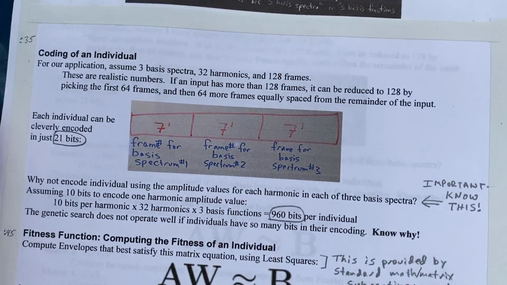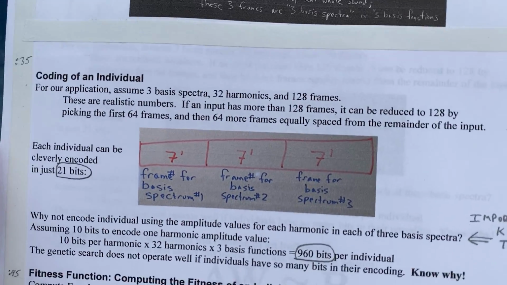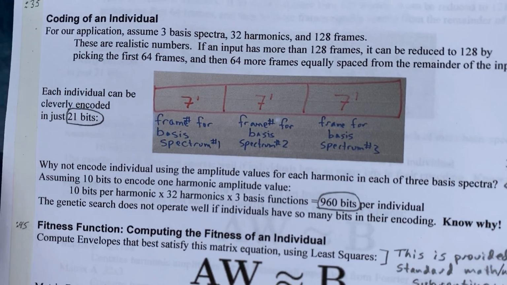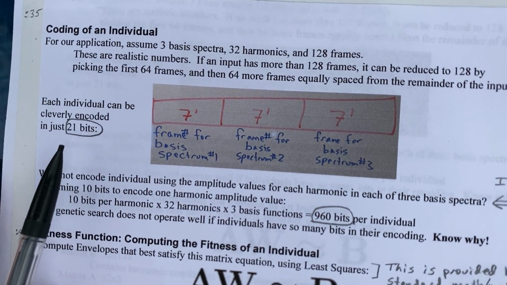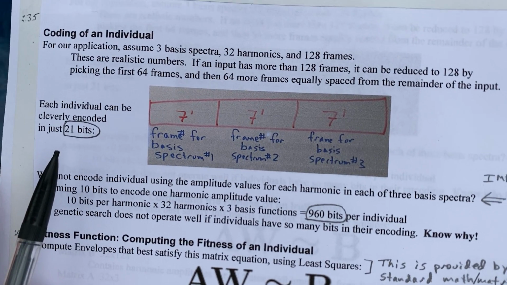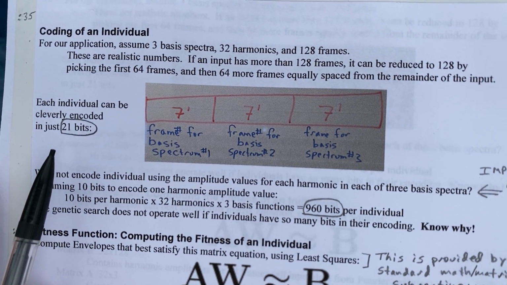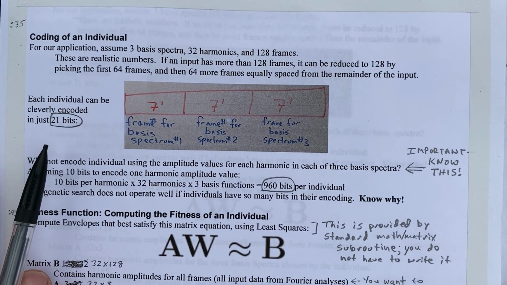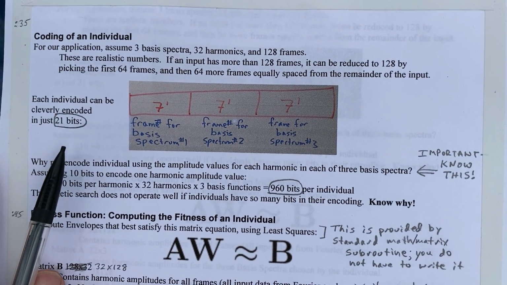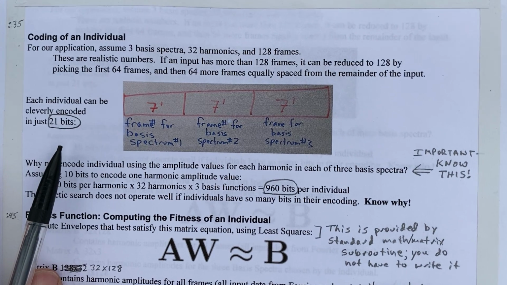Now you've got 128 frames, so this encoding will work for you, even if you have a longer note or a shorter note. So for this example, each individual can be cleverly encoded. I'm saying clever because you want to use few bits in the encoding. The genetic search is going to work way better if you don't use too many bits in each individual. These individuals are only 21 bits.